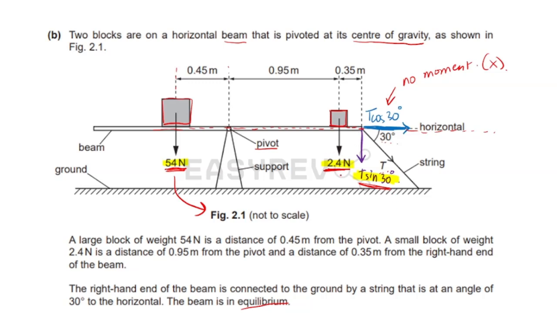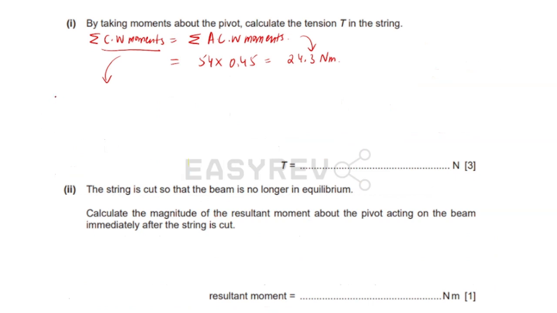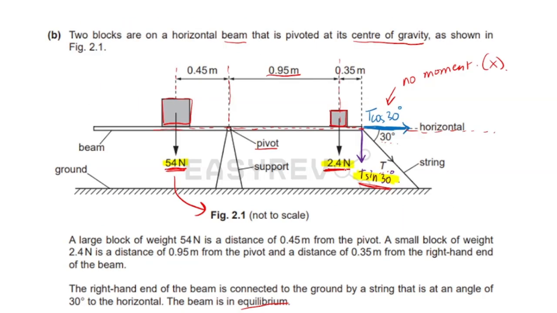For the 2.4 Newton force, we have the force 2.4 and then the perpendicular distance of 0.95. So here we would write 2.4 times 0.95 added to the other force, that is T sine 30.